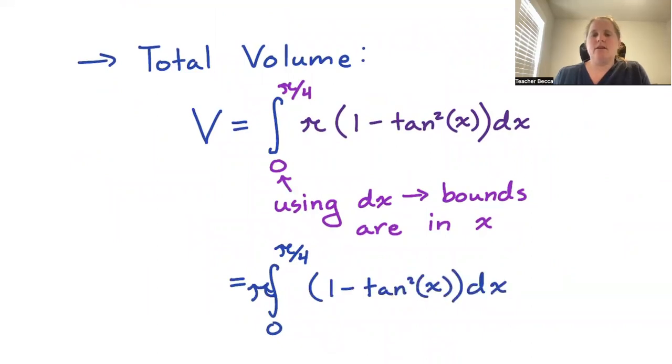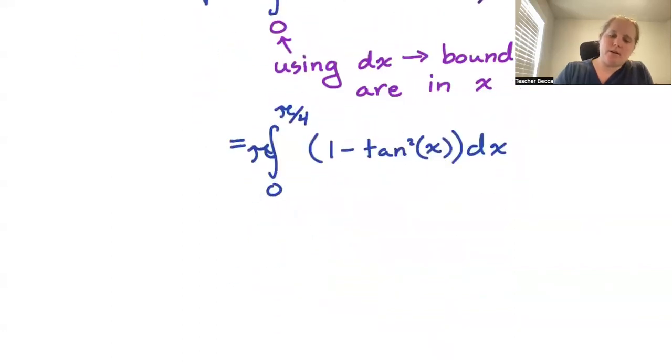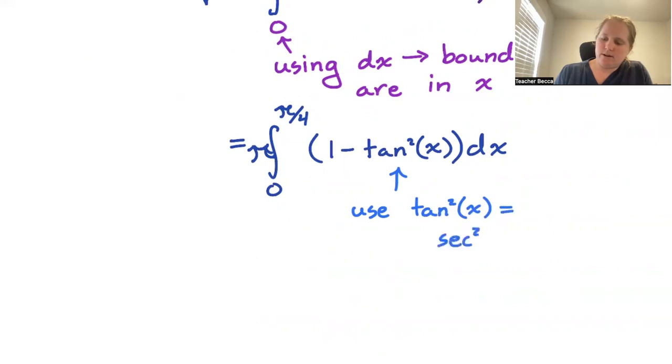Once again, we will go ahead and use the fact that tangent squared of x is secant squared of x minus 1.